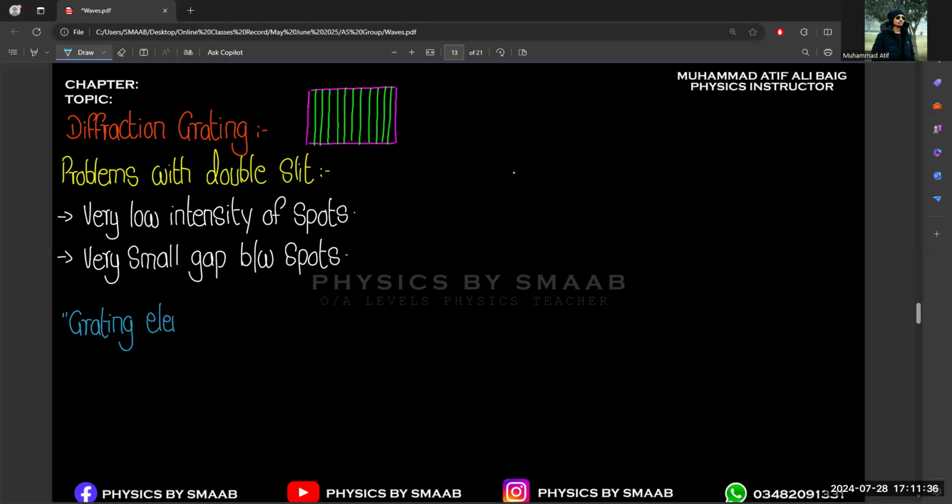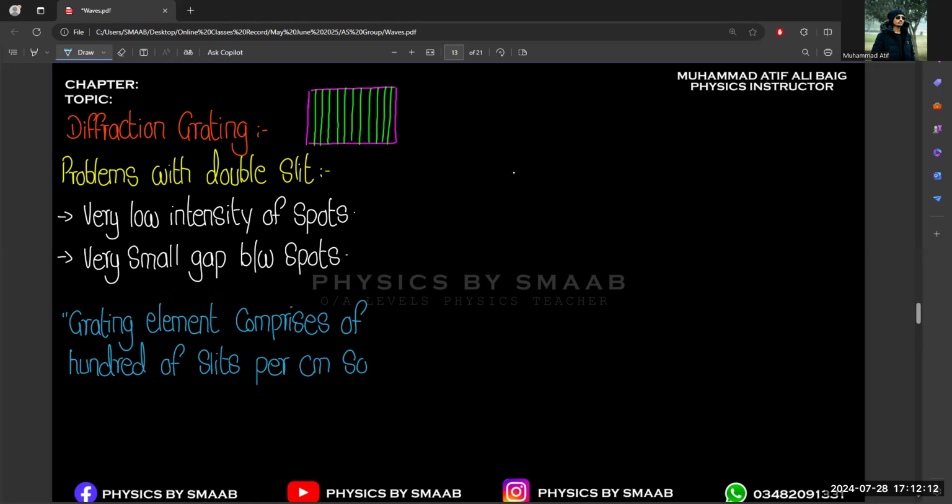So this grating element comprises hundreds of slits per centimeter, so that more light can pass.